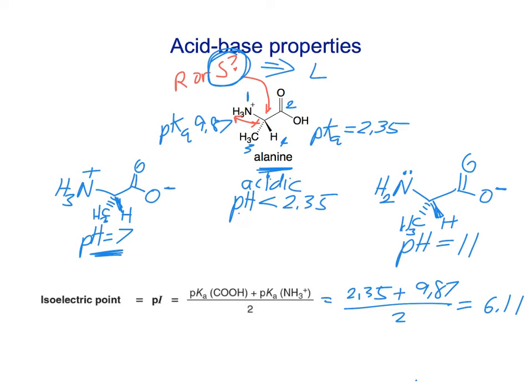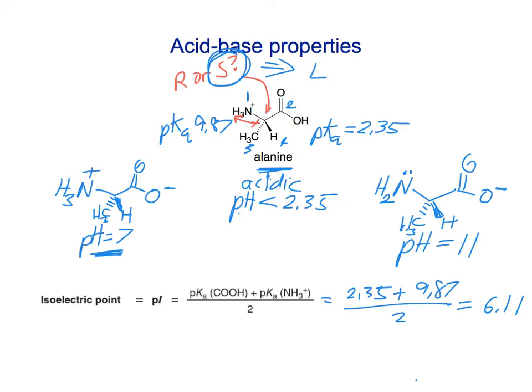One of the important things about the isoelectric point is that amino acids can be separated using a technique called gel electrophoresis. You essentially put a voltage across this gel, and the amino acids will travel towards the negative side or the positive side based upon their ionization state, and that ionization state is dependent upon the pH.